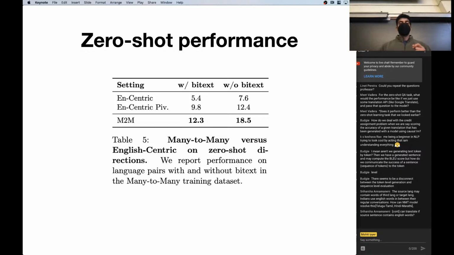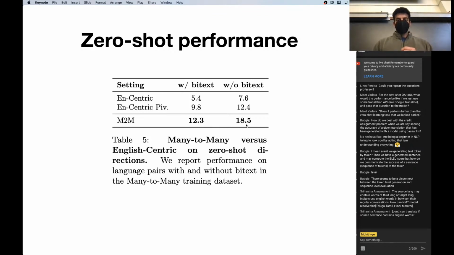So you can look at languages for which you have parallel data, like through their data collection process, and languages where you have no parallel data at all. So that's what they did in this experiment. So with the bitext means that, wait.